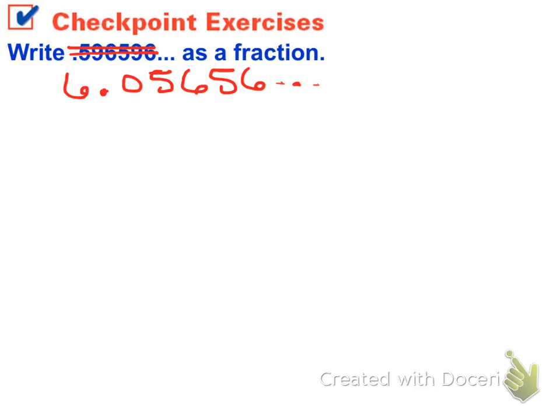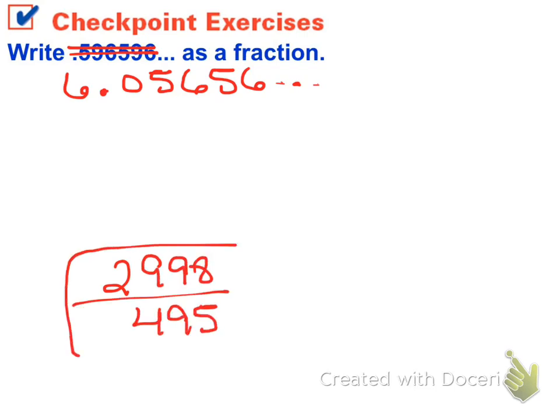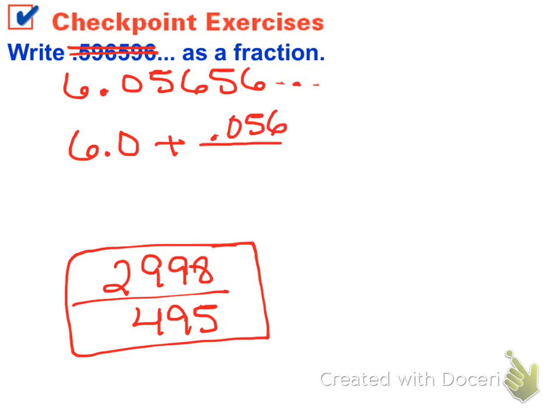Alright, if you did it correctly, you should have come out with 2,998 over 495. This is what this would have been as a fraction. The work you should have set up would have been the 6.0 plus the infinite sum of 0.056 over 1 minus the rate of 0.01. Okay? If you have questions about that, you could see me tomorrow.